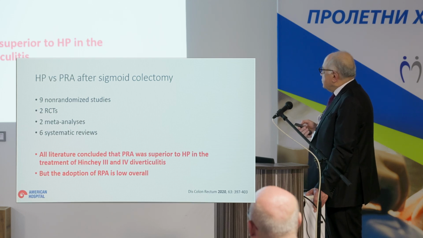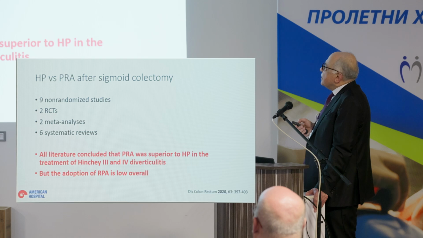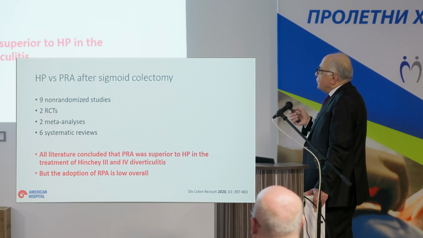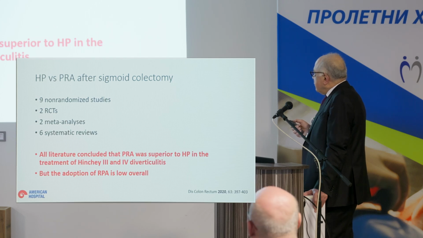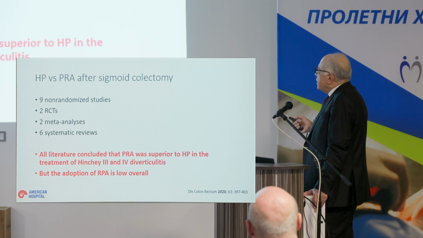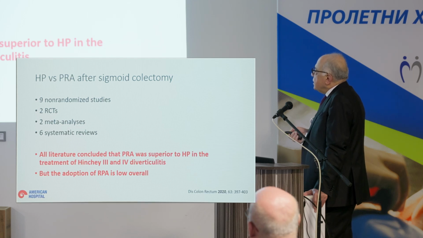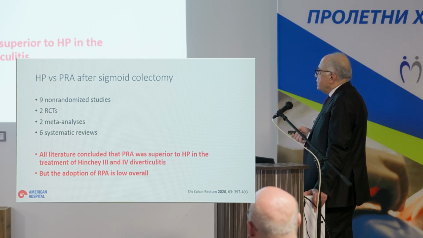In 2020, papers were published: 9 non-randomized studies, 2 randomized controlled trials, 2 meta-analyses, and 6 systematic reviews were studied in one paper. All the literature concludes that resection with anastomosis was superior to Hartmann procedure in the treatment of Hinchey 3 and 4 diverticulitis, but adoption of resection with primary anastomosis is low overall.